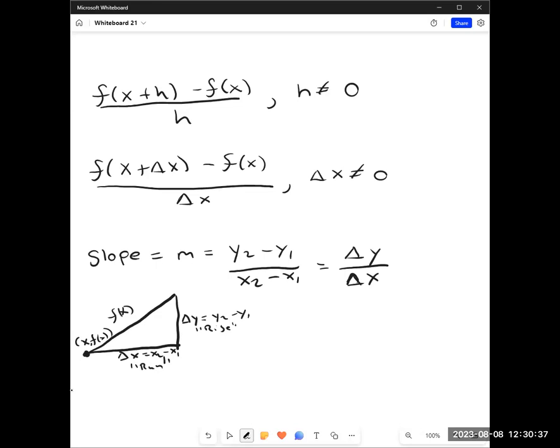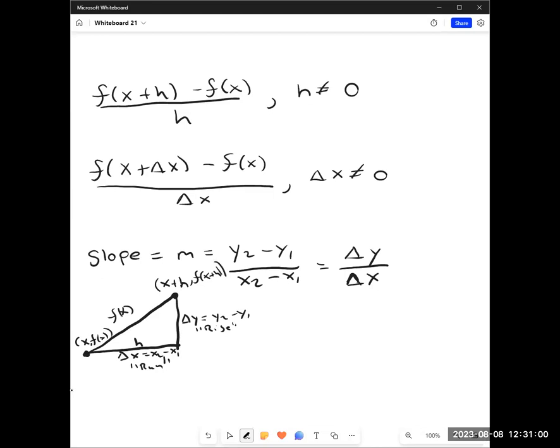But for the sake of writing things out and not having too many x's in pre-calculus, we're just going to call that horizontal distance h. And that means that this point up here has an x coordinate of x plus h, and its y coordinate is whatever f of x plus h is.